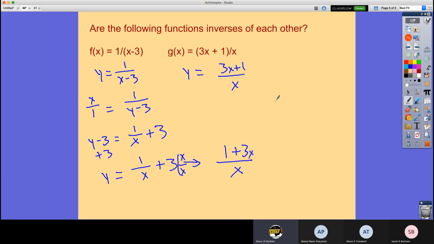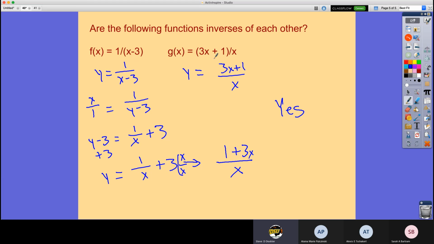All right, so by switching the x and the y, you have to make sure that you do all the work you can to try and get it to match the second one before you can say that they are not inverses, okay? So just be aware of that. That pops up every once in a while, all right?